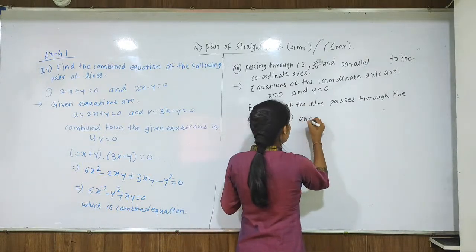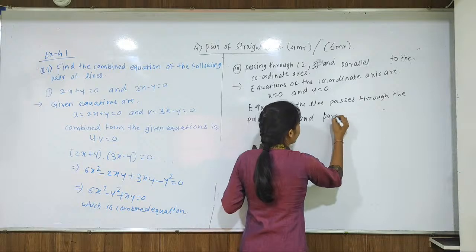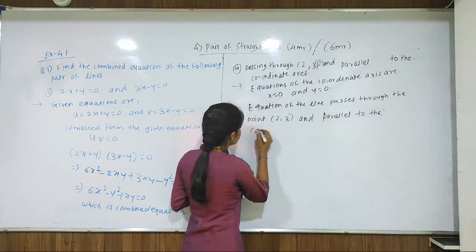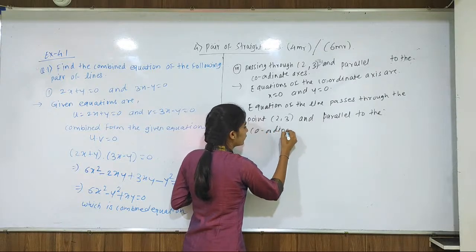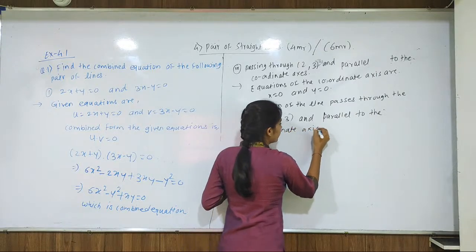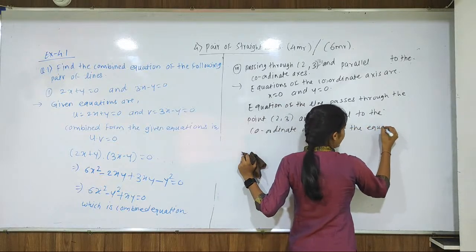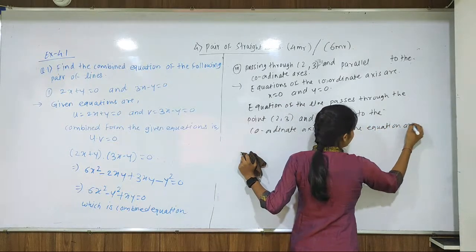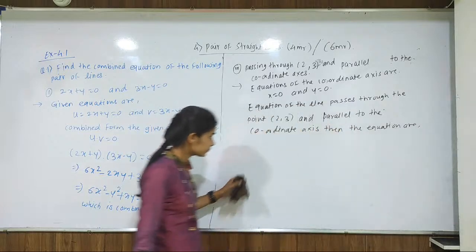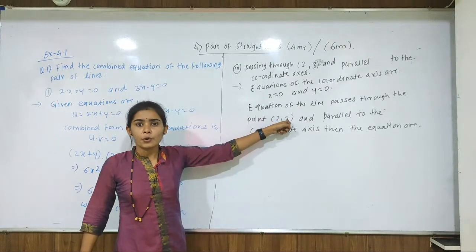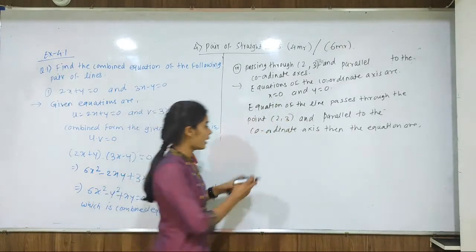Parallel to the coordinate axis. Then what will be the equations? The point passes through 2, 3.